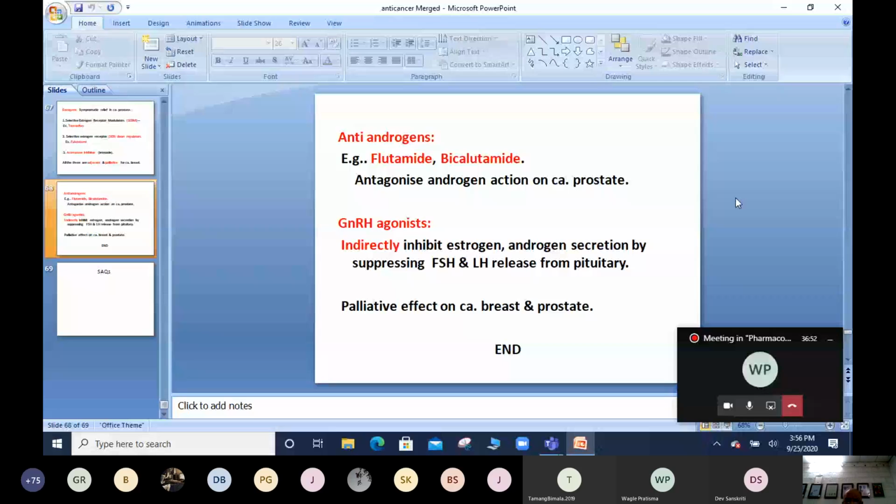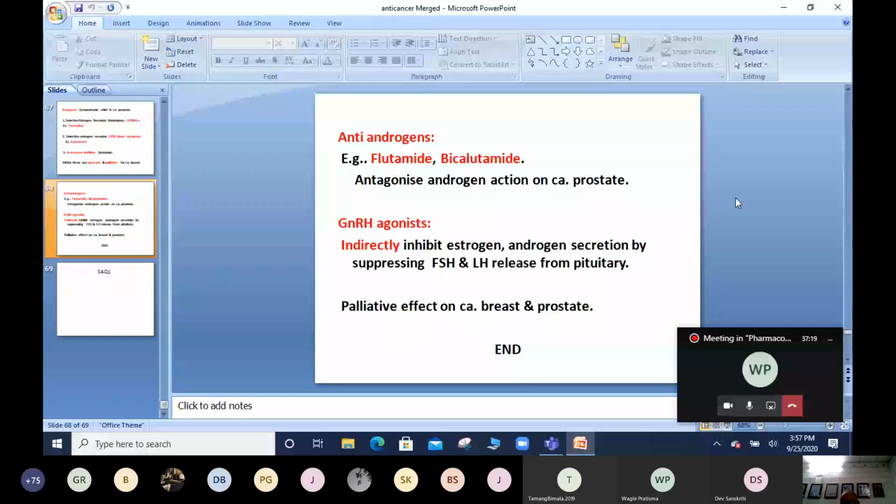What is their action? Indirectly inhibit androgen secretions by suppressing follicle stimulating hormone and luteinizing hormone. Uses: palliative effect on CA breast and prostate.